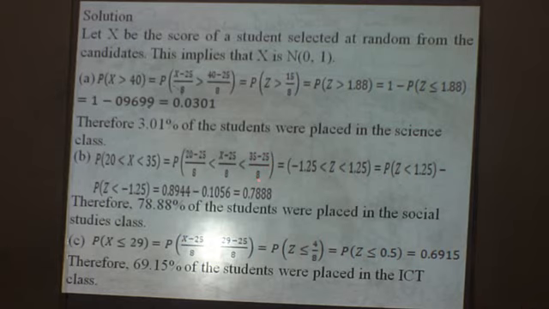So in summary, we will end up getting negative 1.25 being less than Z and Z less than 1.25.